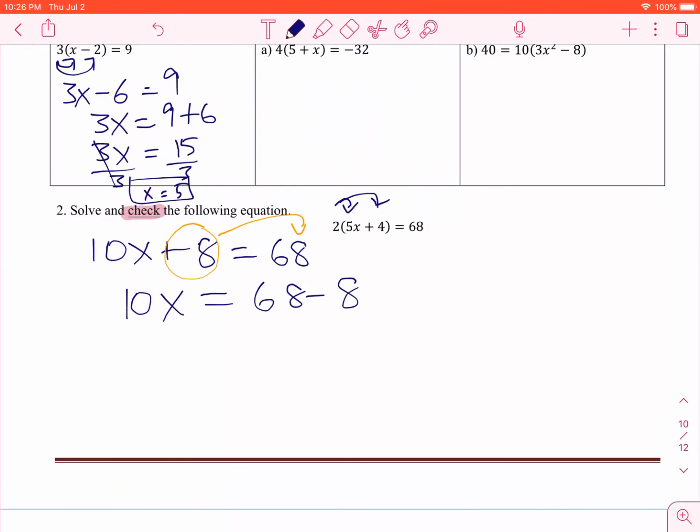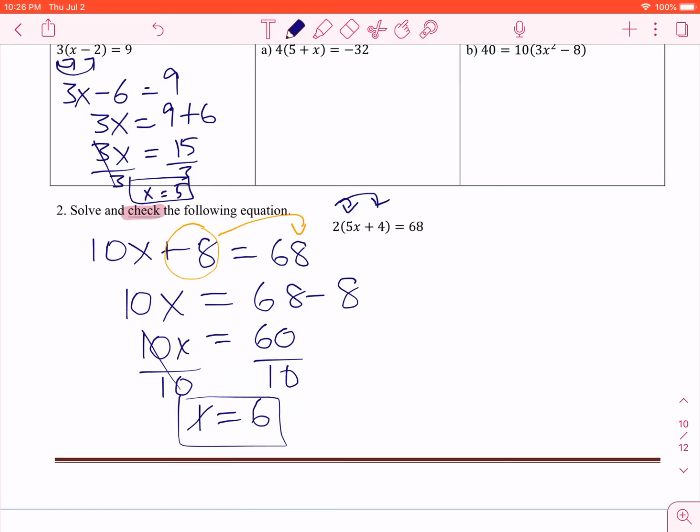It now becomes subtraction of 8 or minus 8. Then I divide both sides by 10. x is equal to 6. Okay, so you've done the solve part.